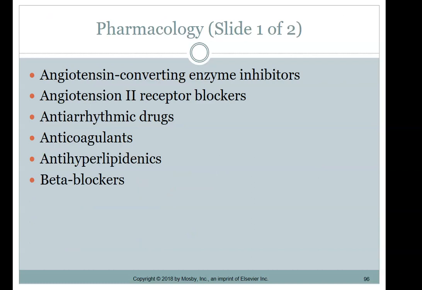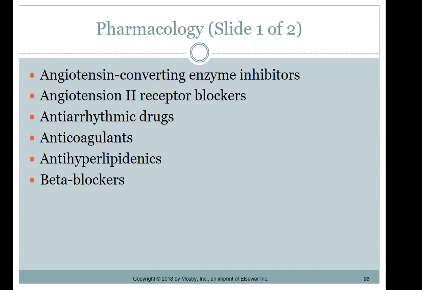And here's your pharmacology. Angiotensin converting enzyme inhibitors relax the blood vessels by preventing the formation of the vasoconstrictor angiotensin II. The inhibition causes a decrease in water retention and blood pressure and an improvement in cardiac output. The ACE inhibitors are commonly used to treat hypertension and heart failure.